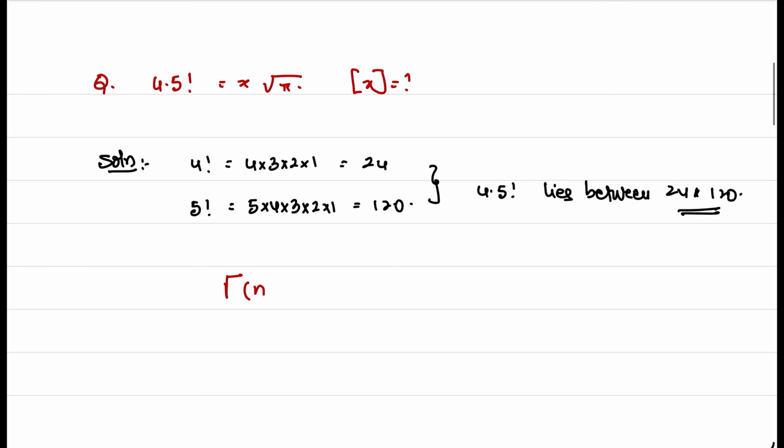Gamma function of n, any real number greater than 0, positive real number, is equal to, by definition, the integral from 0 to infinity of e to the power of minus x into x to the power of n minus 1 dx.